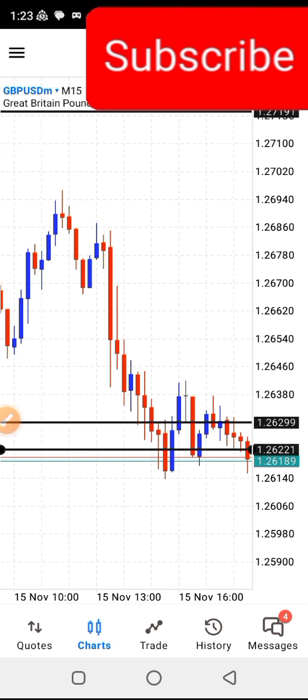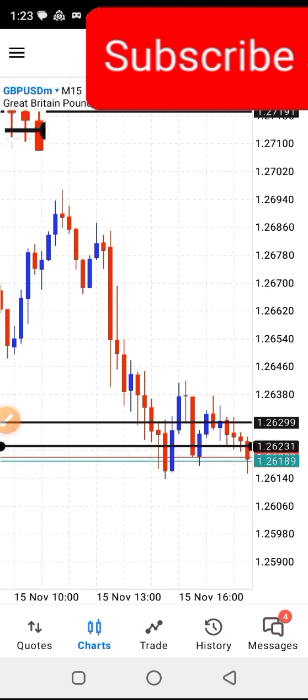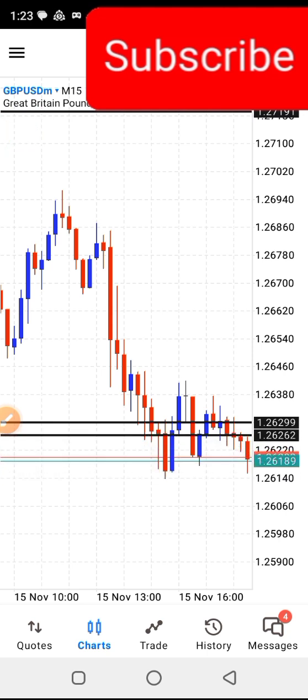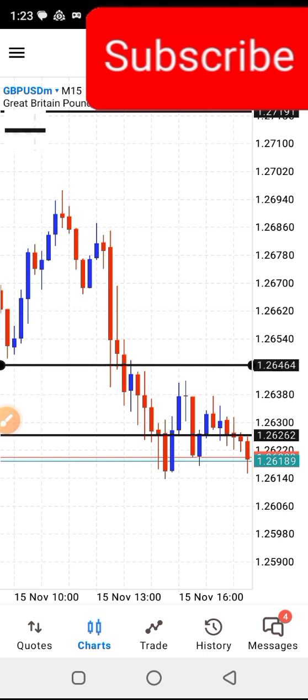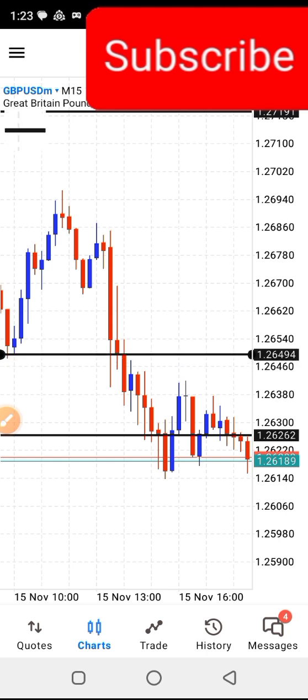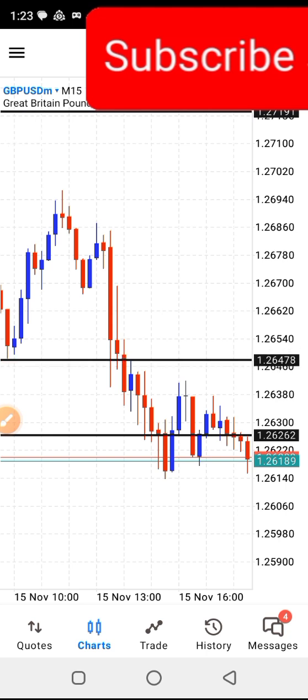With that candle, I'll place my entry at the low of that candle. My stop loss will be a few pips above the swing high created. Somewhere here is good because of spread. Let me make it around here, so I can accommodate for spread in case price decides to move towards my stop loss. Now take profits.